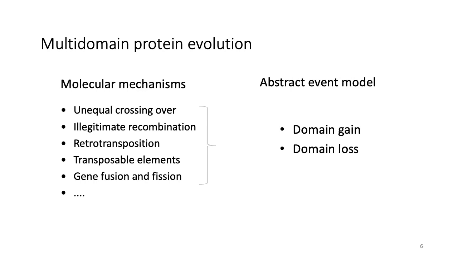Multi-domain proteins evolve through a variety of molecular mechanisms that can change the domain content of the protein. In a domain architecture representation, we can treat these mechanisms as 2 abstract events. A domain architecture can gain a domain through insertion or internal duplication, or lose a domain via deletion.